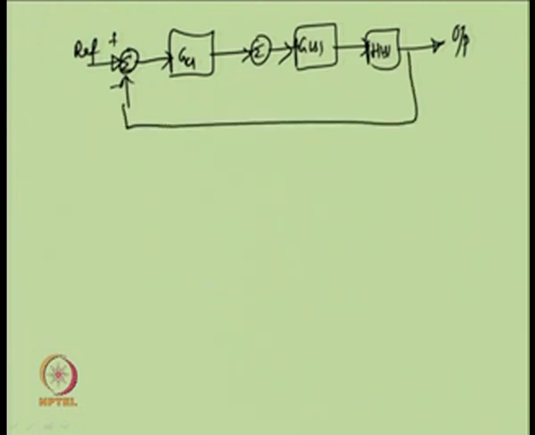Now, I can redraw it in this form, putting the feedback controller G C2 in the inner feedback path.